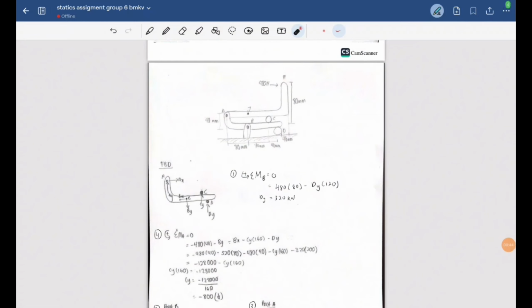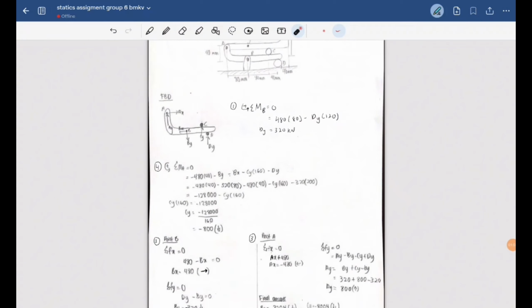So to solve the reactions, we need to apply the three equilibrium conditions, which are the sum of Fx equal to 0, the sum of Fy equal to 0 and the sum of moment equal to 0. These three we need to apply first.